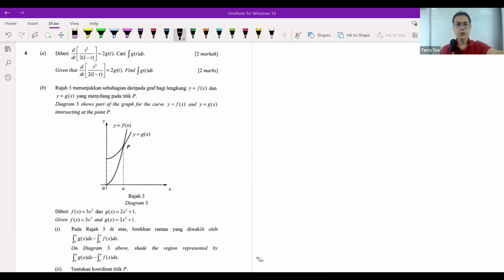Remember when you differentiate the red one, you will get the green one. So when you integrate the green one, which is 2 gt dt, you will get the red one, which is t squared over 2 times (1 minus t) plus c.